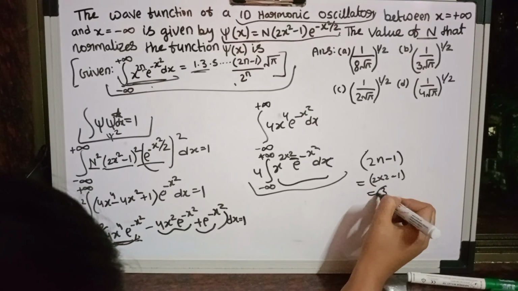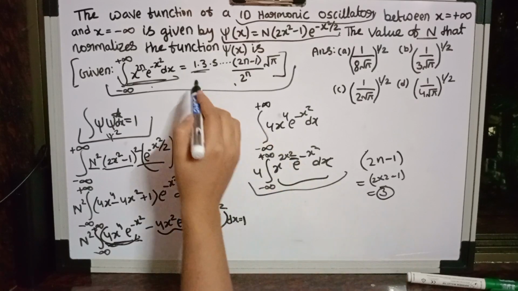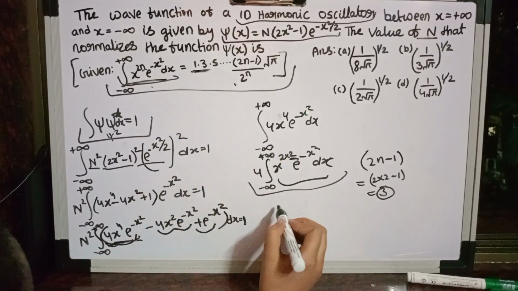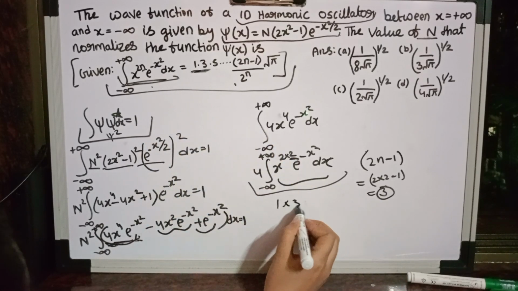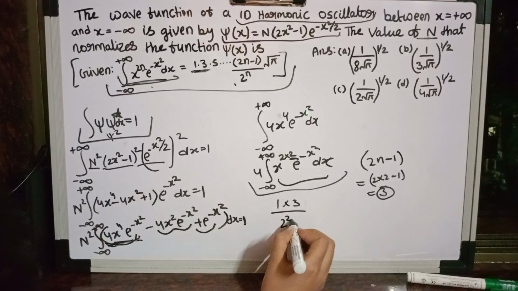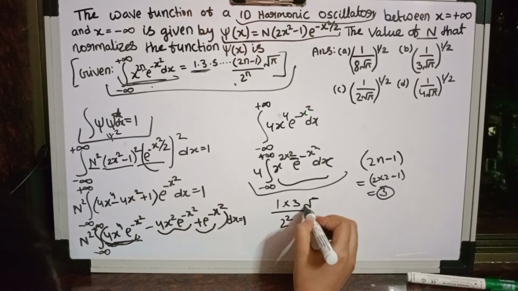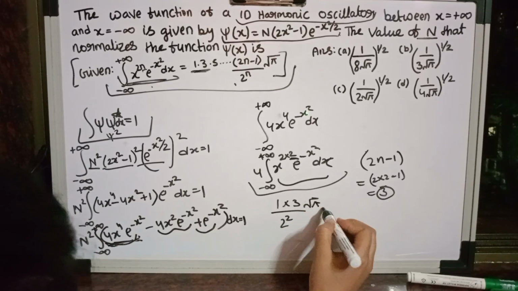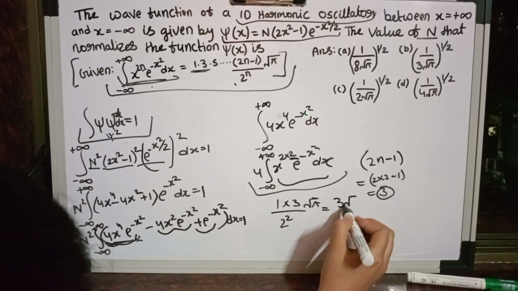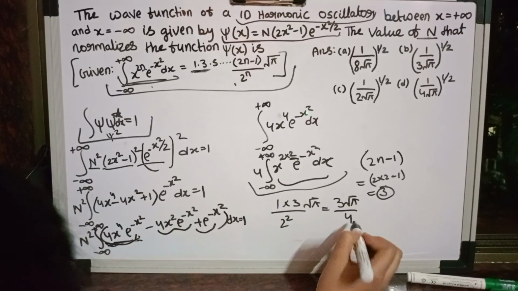So we have to multiply till 3. So 1 into 3, divided by 2 raised to 2, into root pi. We have 3 root pi divided by 4.